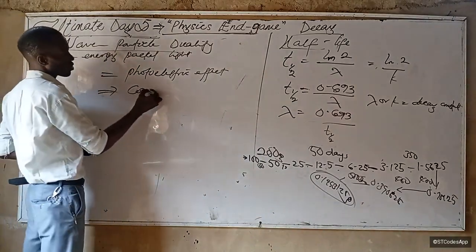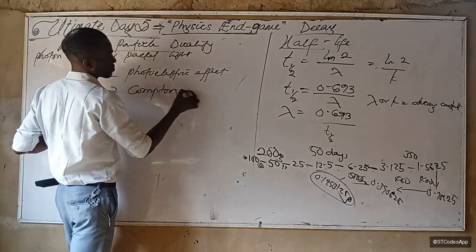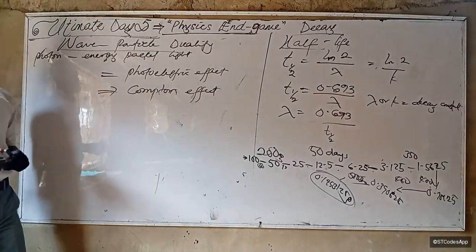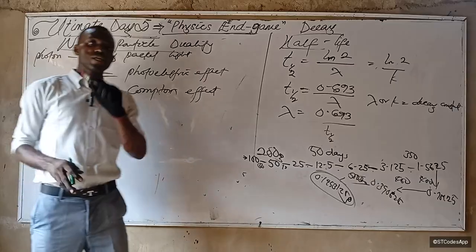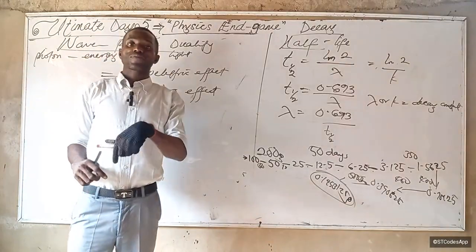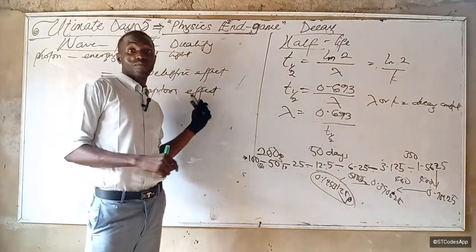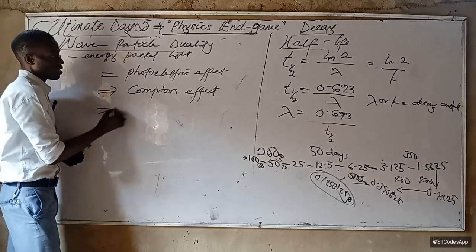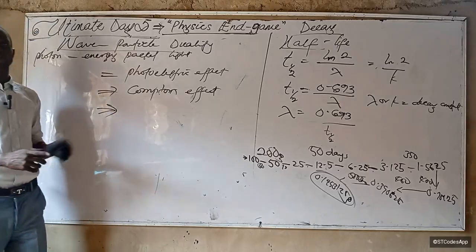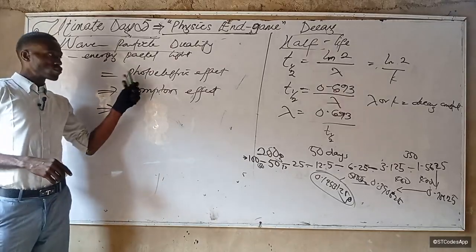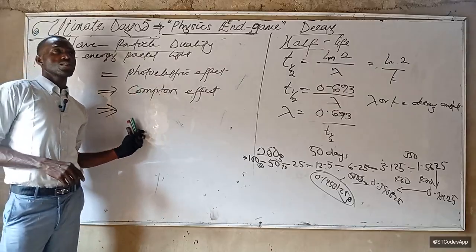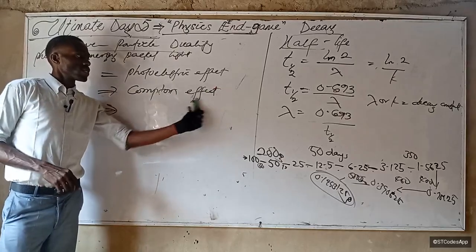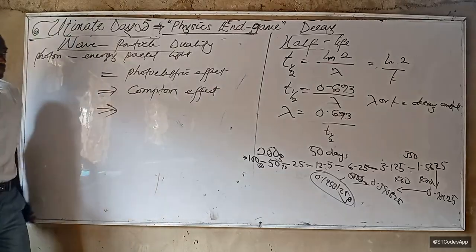Then there's also something called the Compton effect. About the Compton effect, you guys will leave the explanation of that in the comment section. I can't remember what it is. We have the photoelectric effect, the Compton effect, I forgot the meaning of these things.